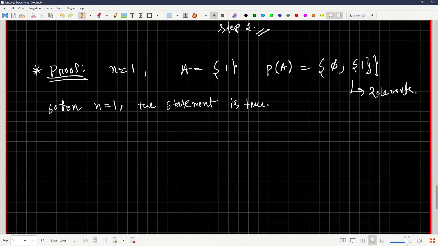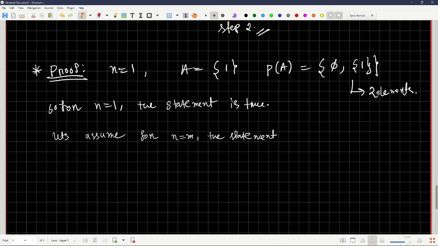Now let's assume for n equals to m the statement that we are dealing with. I'm not writing the full thing, I hope you know what the statement is. Basically the statement is just if you have n elements in the set, you have 2 to the power n elements in the power set.